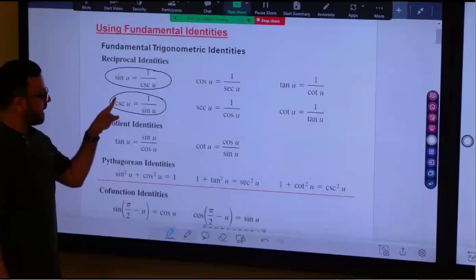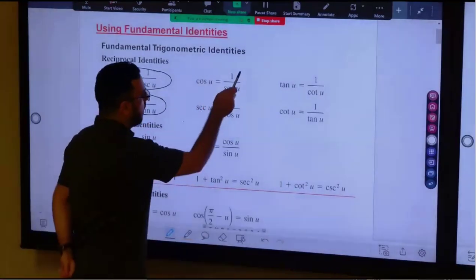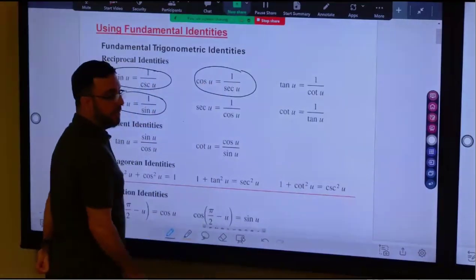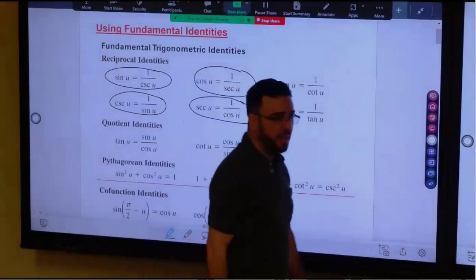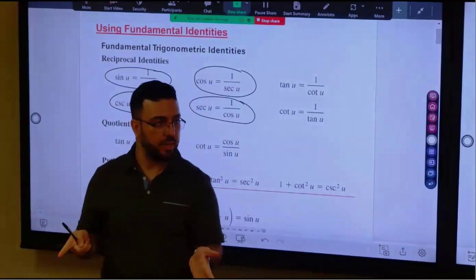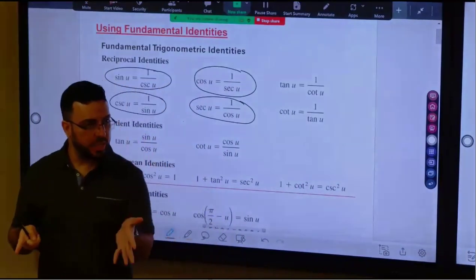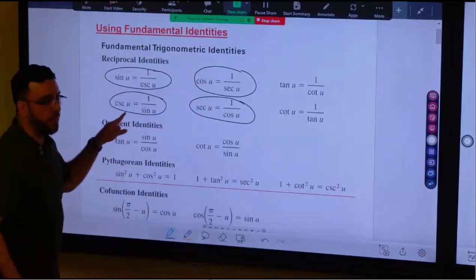To find cosecant is 1 over sine. The same thing here: cosine is 1 over secant. Secant is going to be 1 over cosine. Is that hard? You just have to know secant with cosine and cosecant with sine. One is the reciprocal of the other.